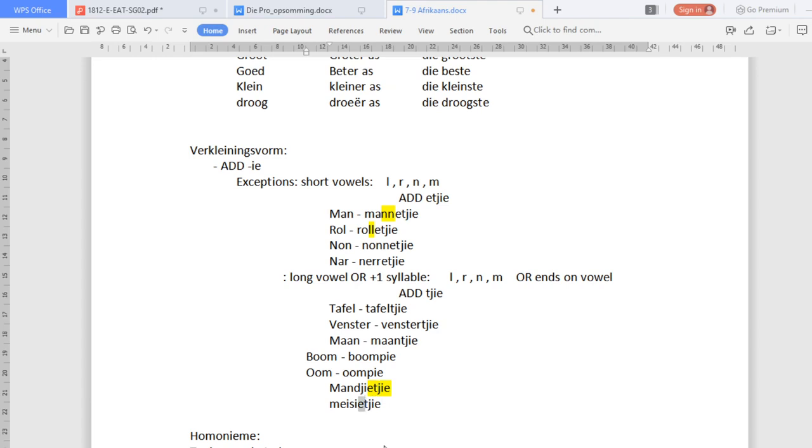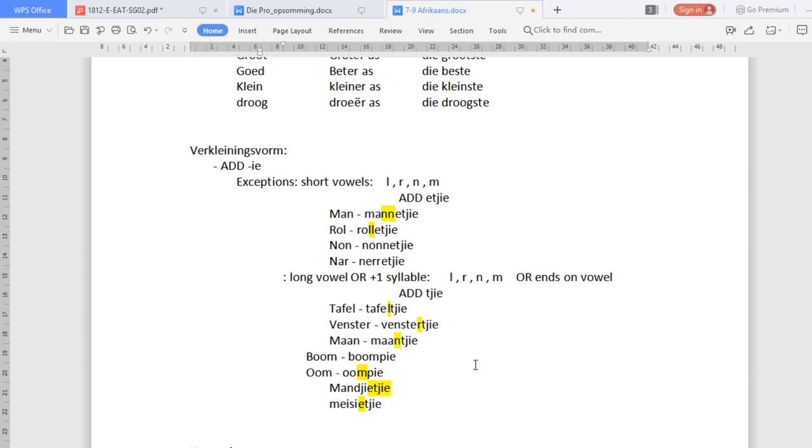Okay, so because it ends on an E. So we've got words that end on an E, an M, a N, a R, and an L, and these ones are all the exceptions. Okay.